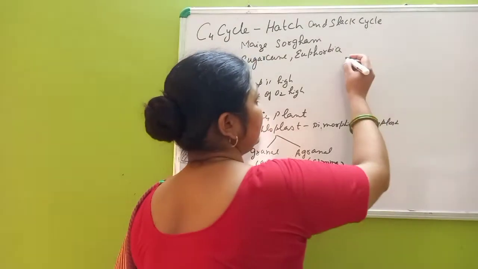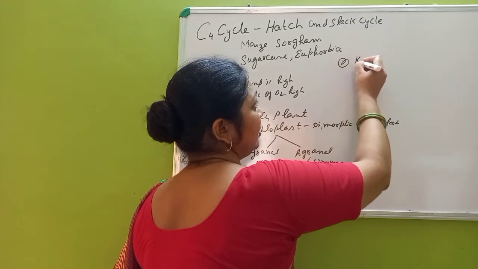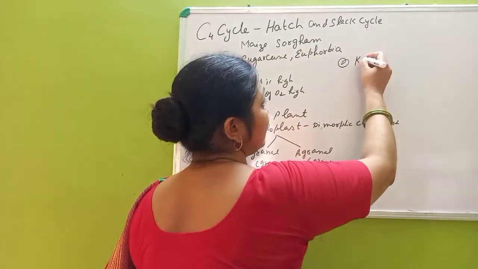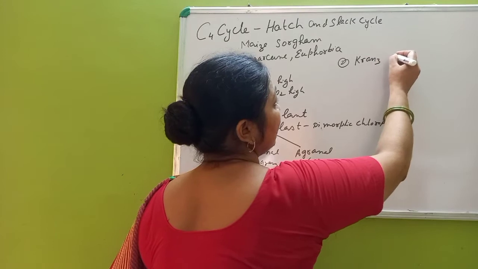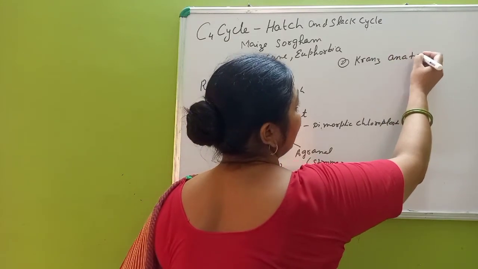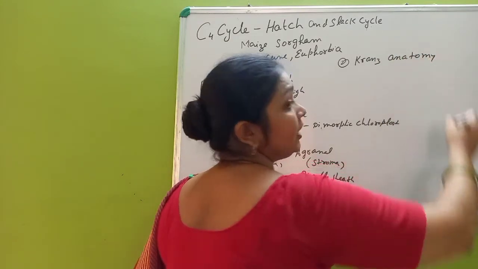Now the second thing they have adapted, the most important adaptation, is Kranz anatomy in the leaf.